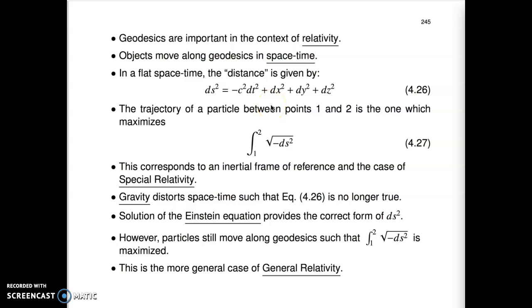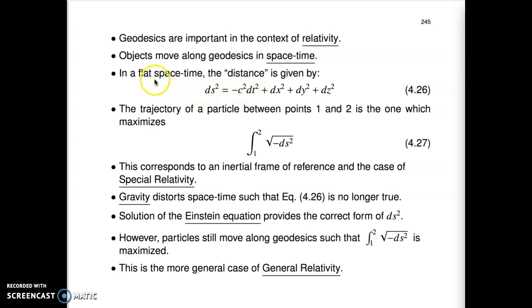And if I have two events that are infinitesimally close to each other, dx, dy, and dz represent the 3 displacements in the 3 different directions, and the time between the 2 events is dt, we define something called a space-time interval. I say distance, it's not really a distance. It's something else.